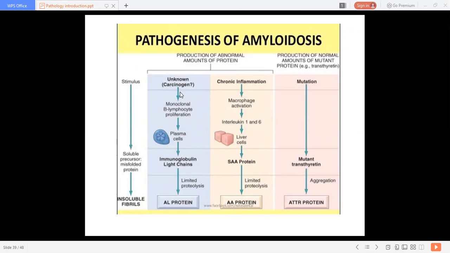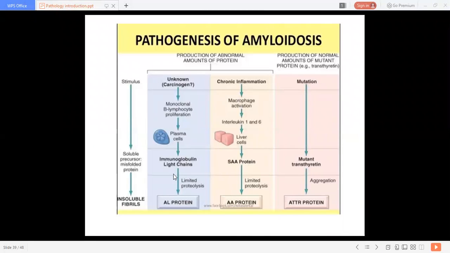The first step is monoclonal B lymphocyte proliferation. They stimulate plasma cells to secrete immunoglobulins in excess amount, IgG, with intact lambda or kappa chains.